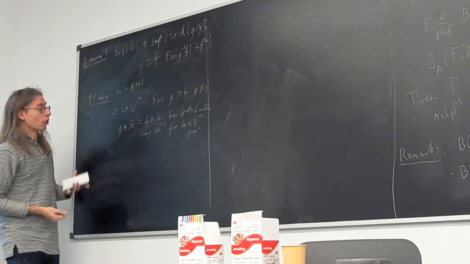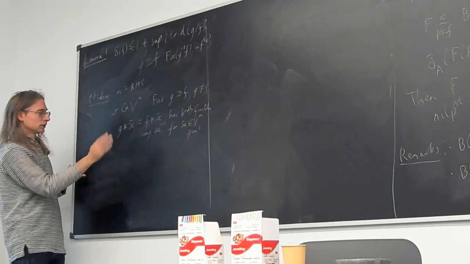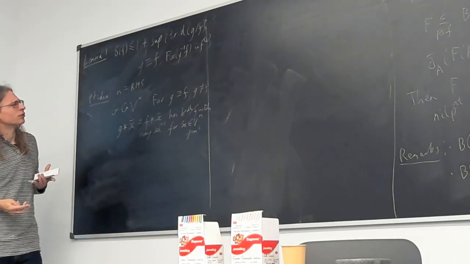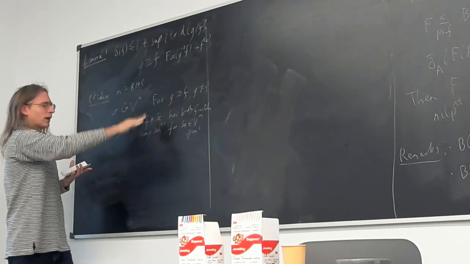So there's some drop in transcendence degree of X, and by some additivity you get a drop in transcendence degree of G. So you get this bound.